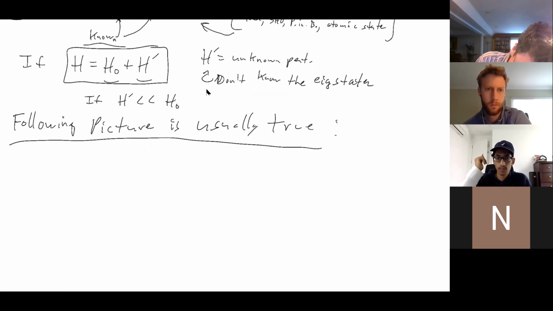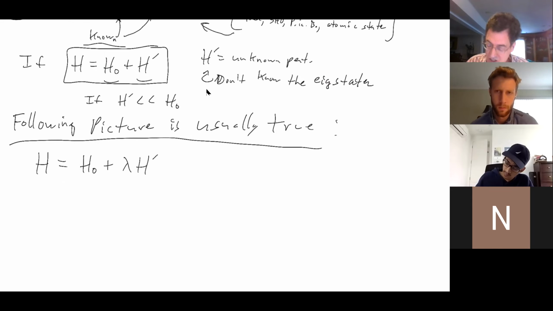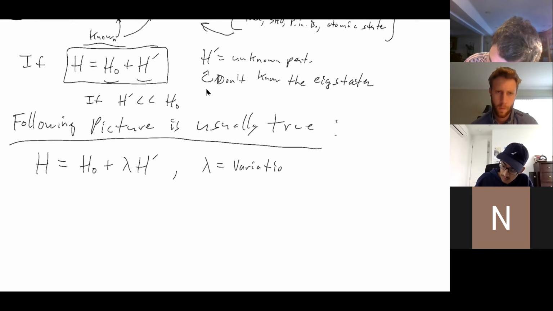The picture is that I can think of the Hamiltonian as H naught plus lambda H prime. Let's just call lambda a variational parameter, which varies from 0 to 1.